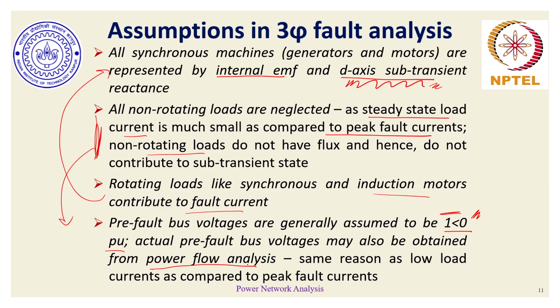Perform actual nonlinear power flow analysis, find voltages and find the pre-fault currents. But the overall actual fault current that we would observe without doing power flow and with doing power flow, the difference in currents would not be significant, and that's the reason why this sort of assumption works well from the practical perspective.